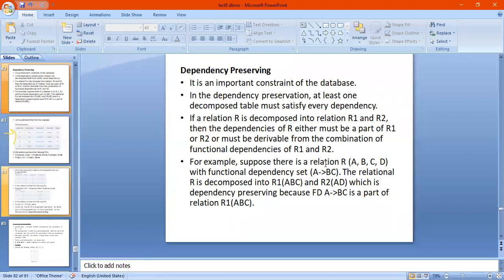For example, suppose this relation R where A, B, C, D are attributes with functional dependency set A depends on BC. The relation R is decomposed into R1 with attributes ABC and R2 with attributes AD, which is dependency preserving because the functional dependency A depends on BC is a part of the relation R1 where the attributes are ABC.